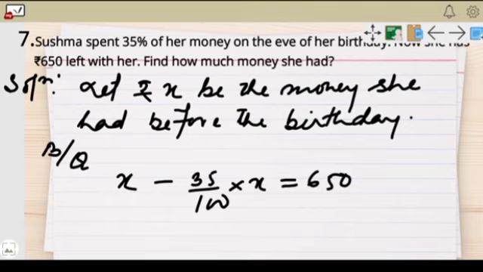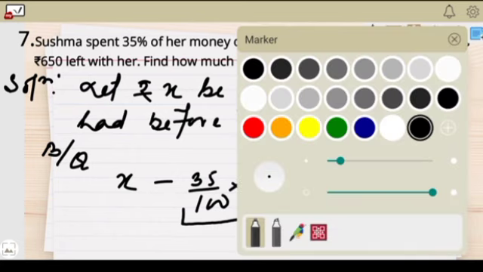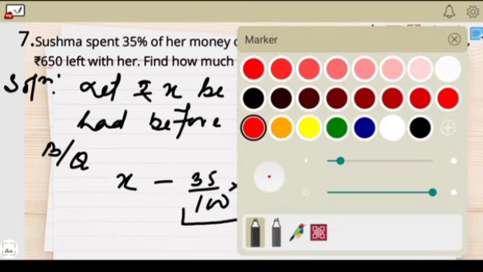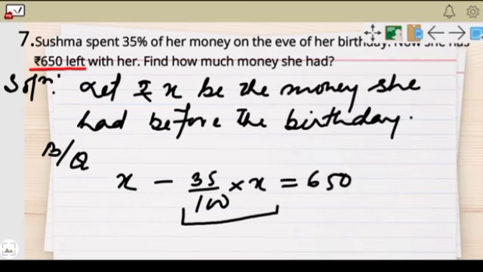Initially she had X. Now the question says that Susma spent 35% of her amount. So for that 35%, we write here 35 by 100 into X. If we remove this, remaining is 650. The question says that rupees 650 left with her. So after spending, we have 650.